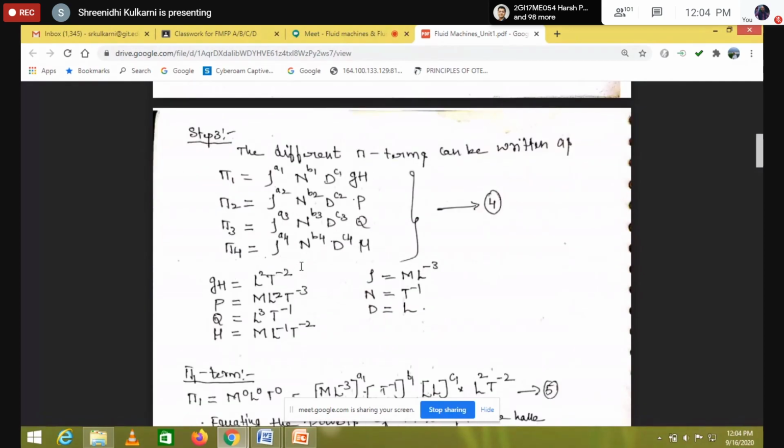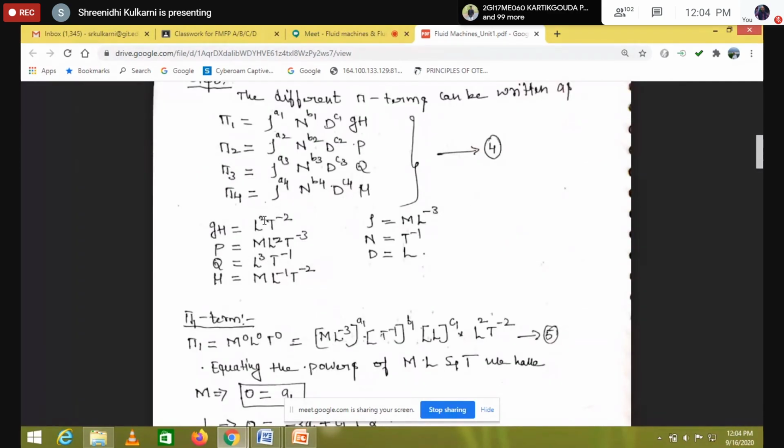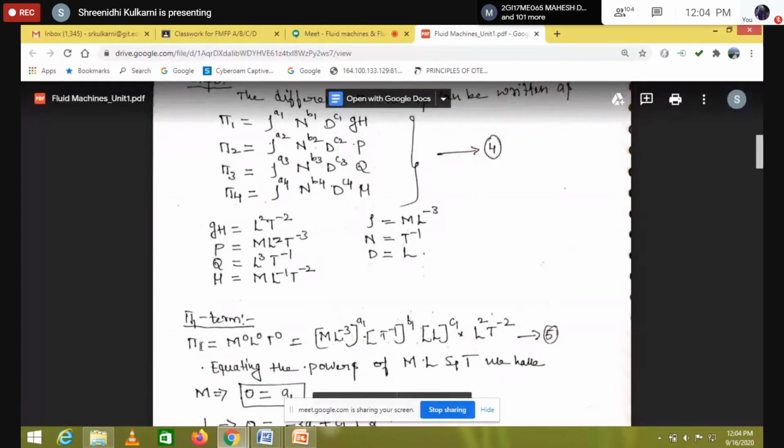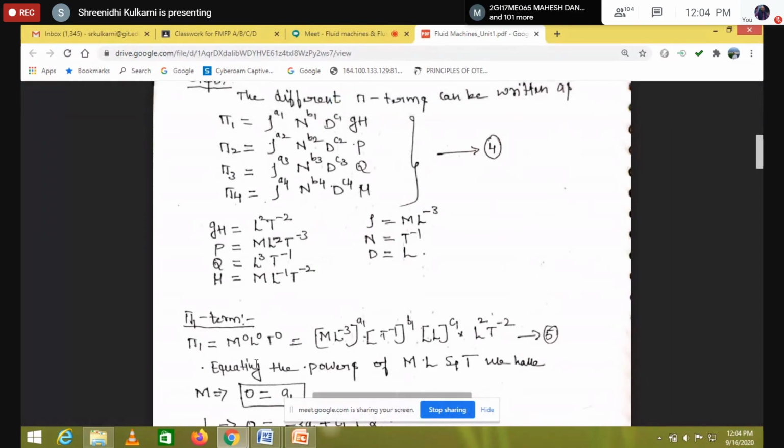Now we identified rho, n, d. Later we are going to convert into the MLT form, that is the dimensional formula, the M, L and T form. Next I'll write the pi equation, and then we have to equate the powers.